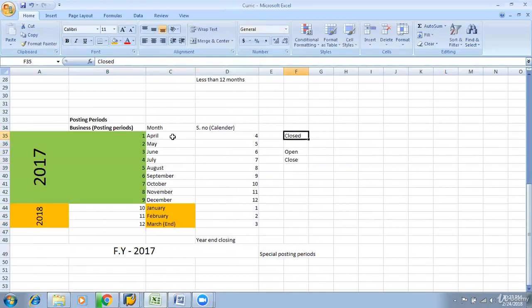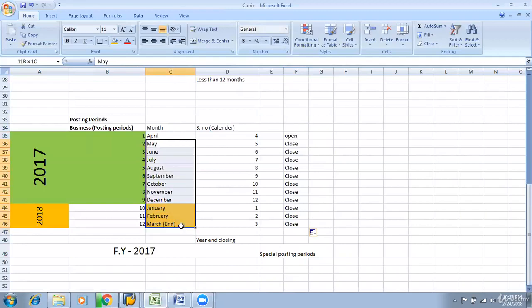For example, this is open and the remaining posting periods are closed at the moment. Why? To have control over users so that they do not post by mistake into other posting periods. Else it would show a wrong TB for a month if you're reporting for a month. So for security and safety reasons, May till March are closed because you're still in April.